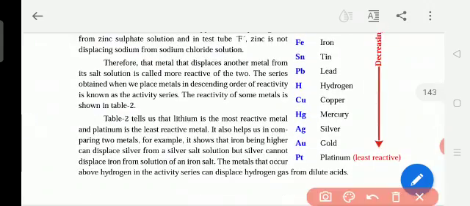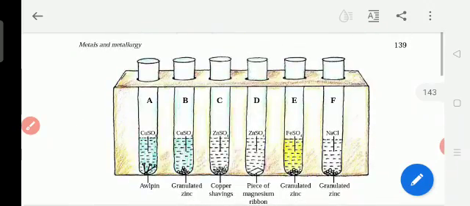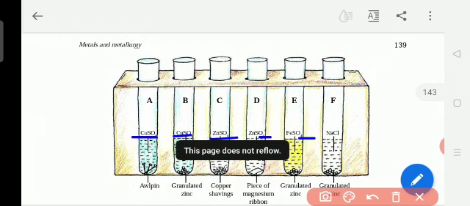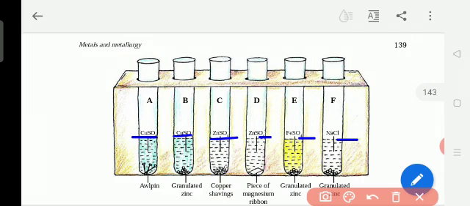Therefore, the metal that displaces another metal from its salt solution is the more reactive of the two. Whatever we saw here, CuSO4, all these are the salt solutions. Salt solutions and some more metals. So in the salt, sodium chloride, sodium is what? Metal.